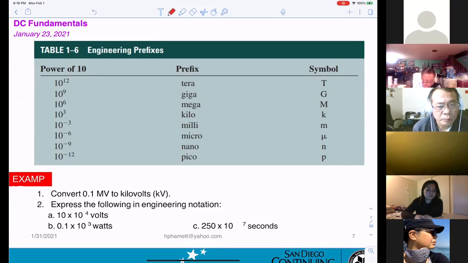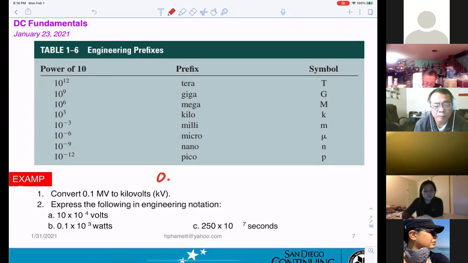Now they say convert 0.1 megavolt to kilovolt. Mega is 10 power of 6, which means you get 0.1 times 10 power of 6.